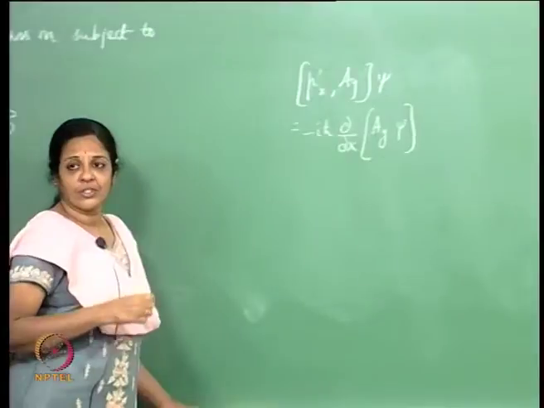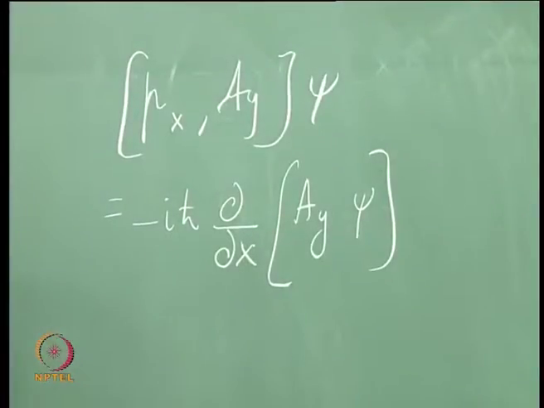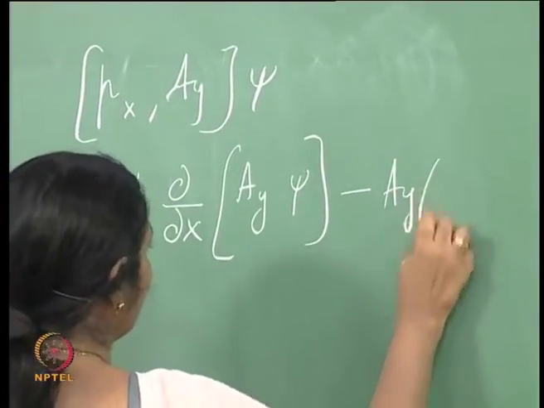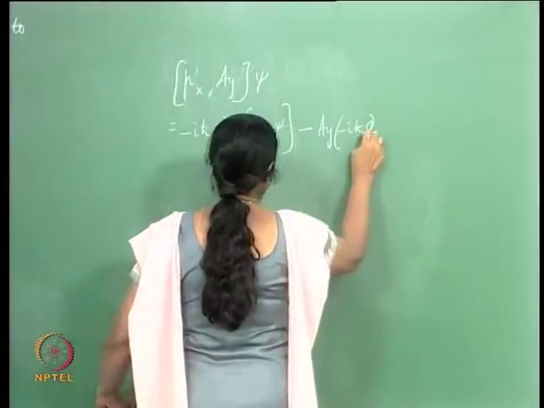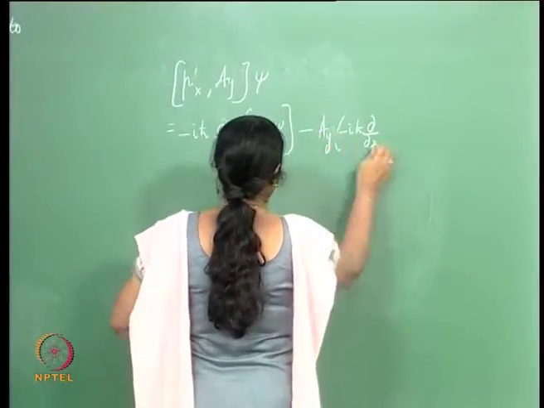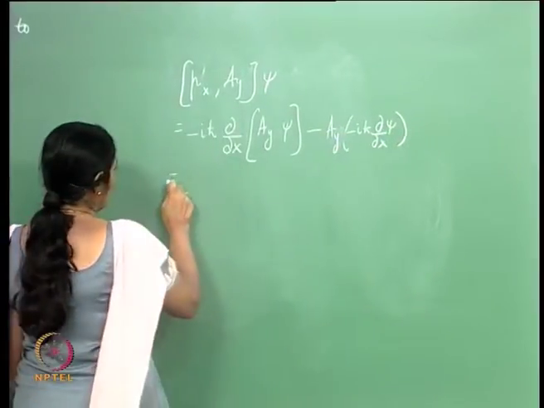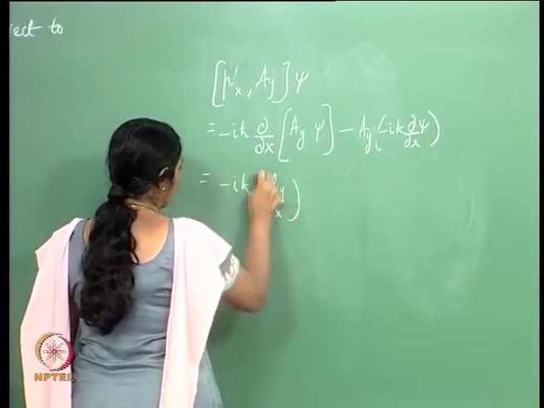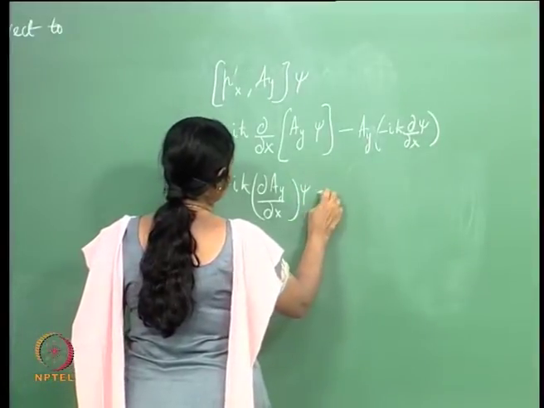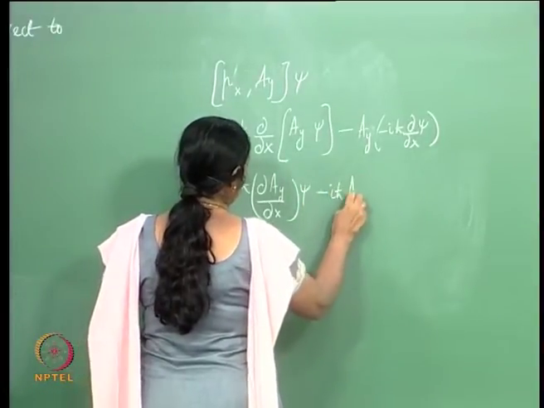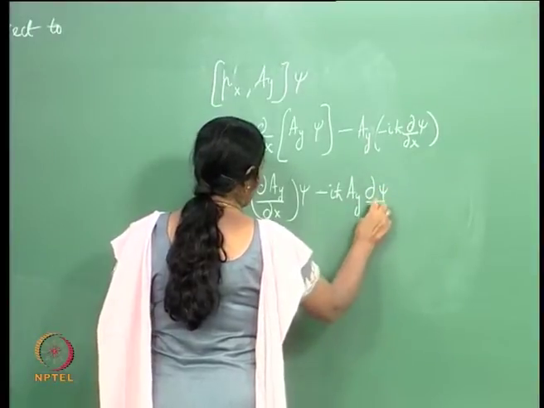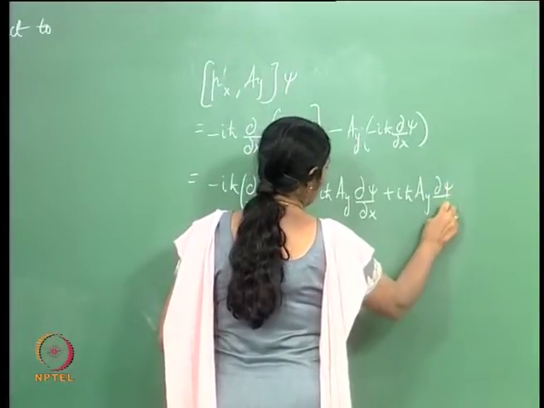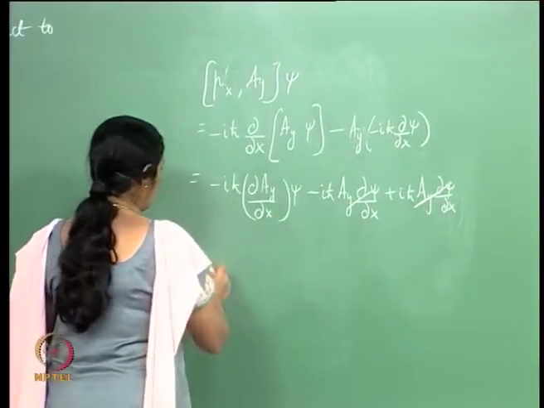Right now, I do not have a choice for Ay, so I work with a general A. Minus of Ay times minus iħ ∂/∂x psi. So, this object is minus iħ ∂Ay/∂x times psi, minus iħ Ay ∂psi/∂x, plus iħ Ay ∂psi/∂x.